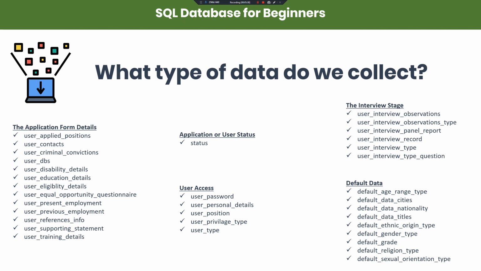So if they're an applicant in interview stage, and the application is in process and they've been offered a job, all these will be managed from the status table. And in terms of the user access, we want to be able to keep details about the user, their name, their age, their date of birth, and so on. And we want to separate this information from their login details.